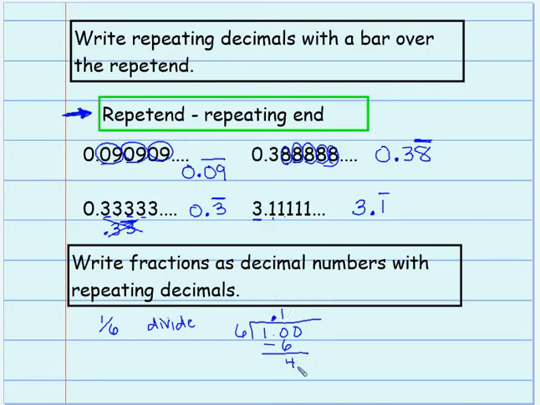Subtract, we get 40. 6 will go in there 6 times. 36. 4, looks like I need another 0. 40. Okay, so notice that we're going to repeat here. We had 40 there, we have 40 here. So the 6 is going to go up there and it repeats. So we'd write 0 point. Which digit repeats? It's not the 1, but the 6 does, and that's the number that gets the repetend bar.